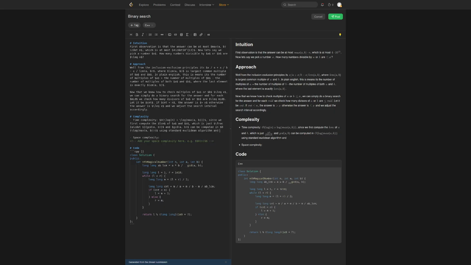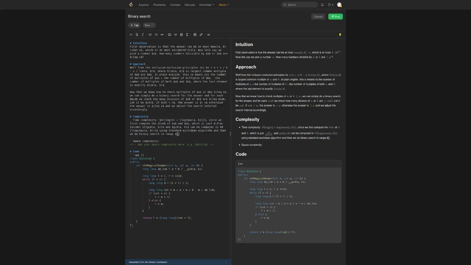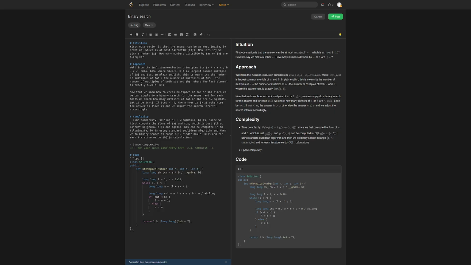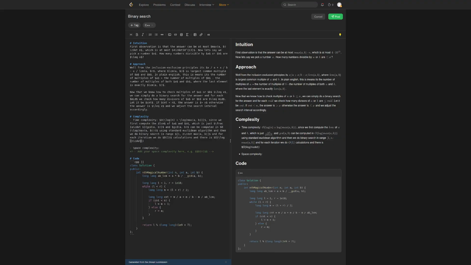And we do binary search in range 1 to n times max A, B. For each iteration we do O(1) calculations, and there are O of log of n times max A, B, equal to O of log n plus log max A, B iterations.